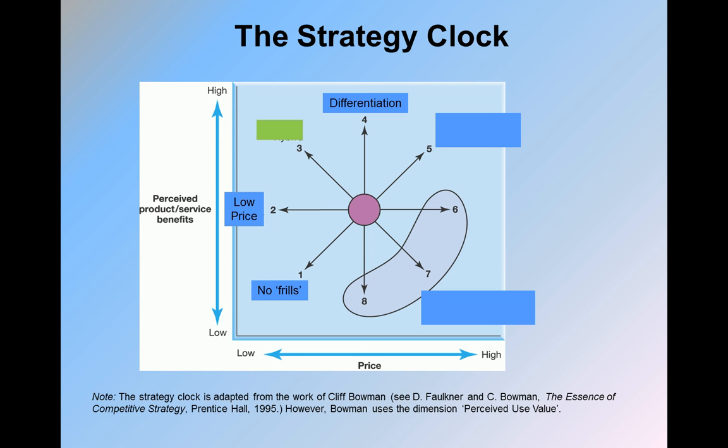High perceived benefits, but a medium price, differentiation. Maybe a higher price, but consequently a smaller market, but still offering high benefit, and we've got focus differentiation. He sees this as more of a spectrum rather than alternatives, and he does clearly identify areas where there's a limit to how much you can charge for products with decreasing benefits.